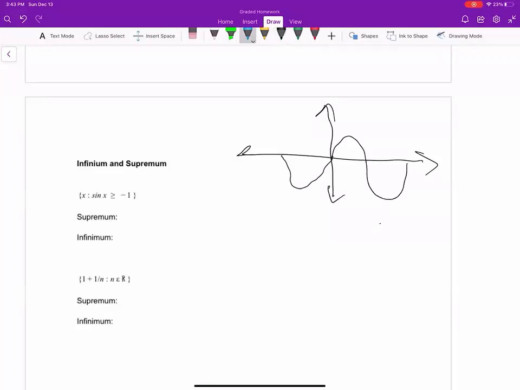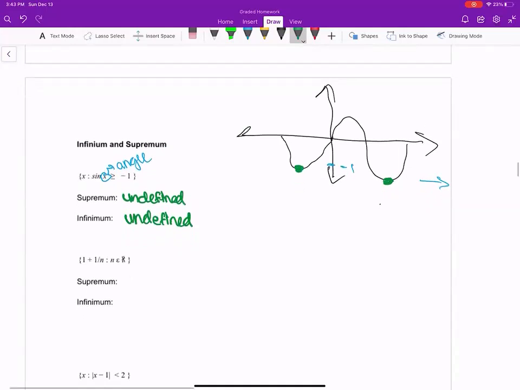The point is, the minimum value is -1, and it occurs an infinite number of times as sine goes on. So recall that here x refers to the angle. There's an infinite number of angles such that this is a minimum value. Therefore, you can't determine these. Both of them are undefined. There's no one single value for them.